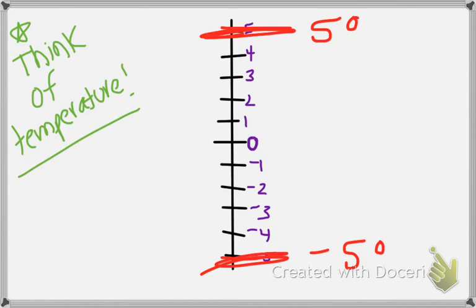What day did you like better? Did you like Monday when it was 5 degrees? Or did you like Thursday when it was negative 5 degrees? Now I'm assuming that all of you would choose Monday, because 5 degrees would be hotter, in quotes, than negative 5.